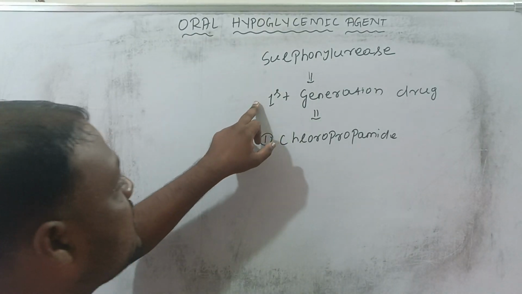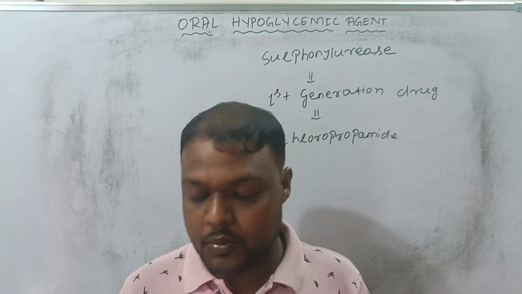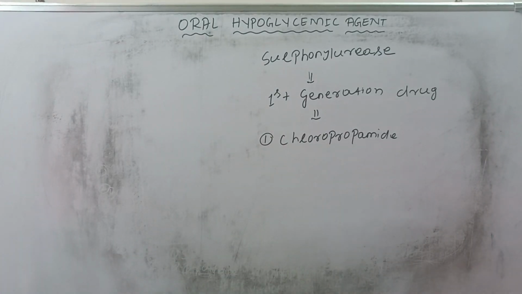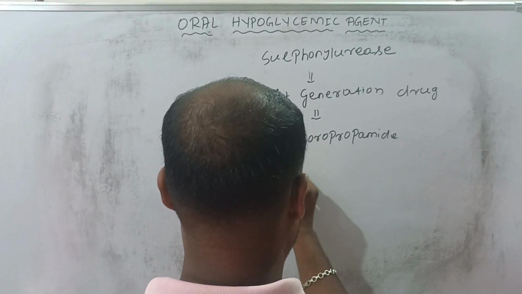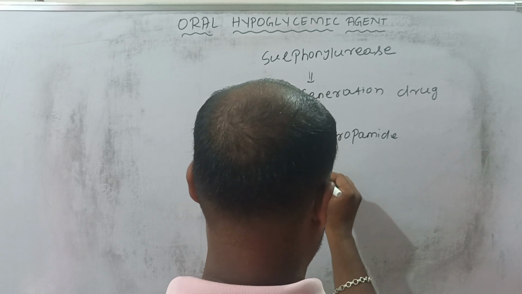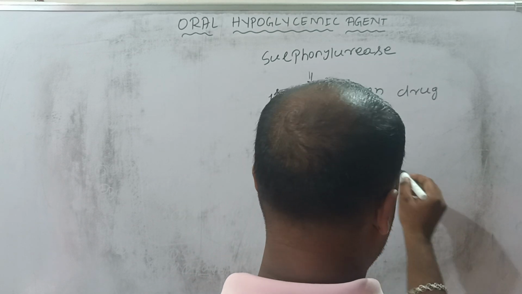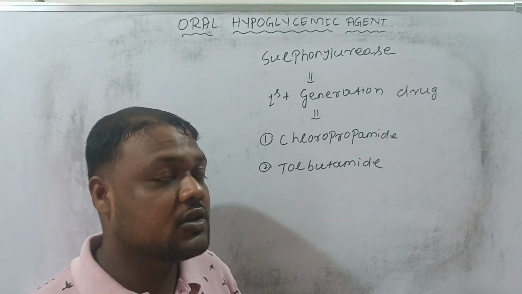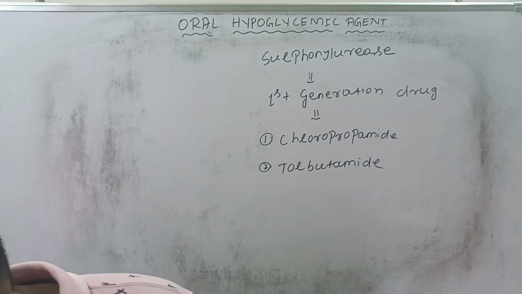The first generation drug of sulfonylurea is chlorpropamide. Then tolbutamide. The first generation of sulfonylurea is chlorpropamide and tolbutamide.